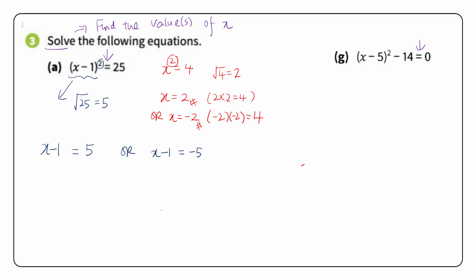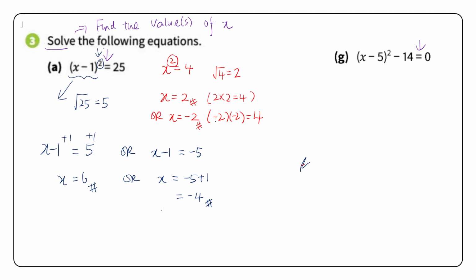That's why you can have two possible values, 5 and negative 5, because of this power here. Okay, the power is an even number, so you can have two possible answers. All right, so to find x, you just add 1 to both sides. So x equals 6, one answer. Or negative 4, a second answer.